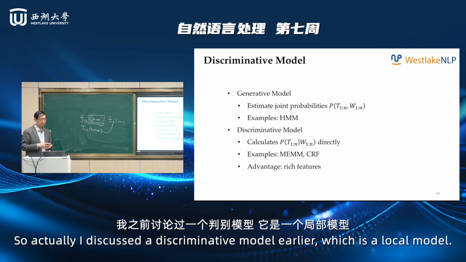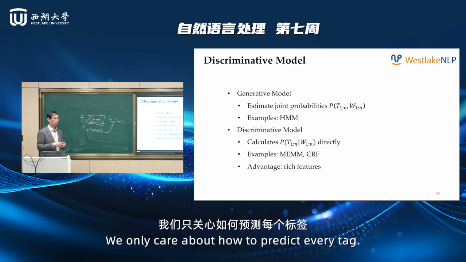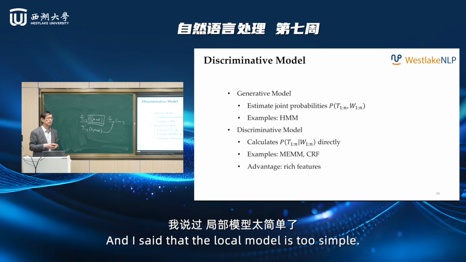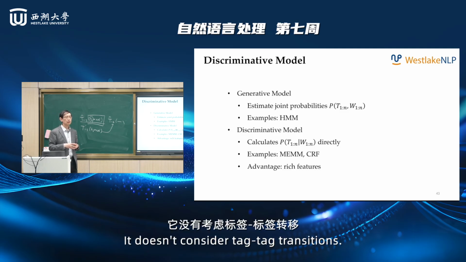Actually, I discussed a discriminative model earlier, which is a local model. We only care about how to predict every tag. And I said that the local model is too simple. It doesn't consider tag-tag transitions.